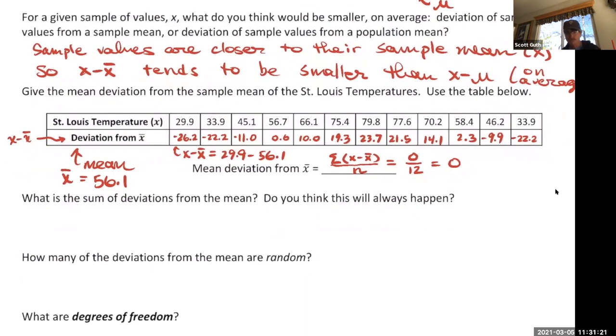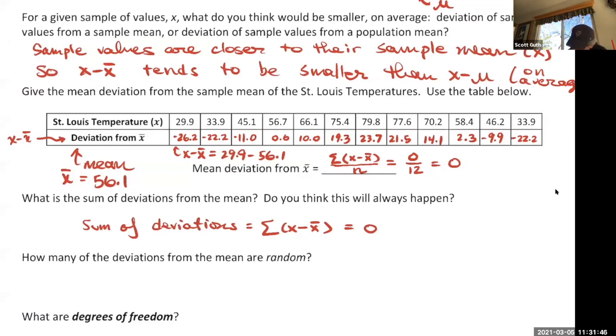But that's the mean. The mean deviation is 0. Totally useless. Okay, so the sum of the deviations is the sum of x minus x bar. And this came out to be 0.